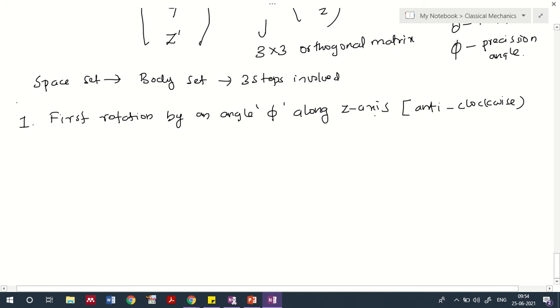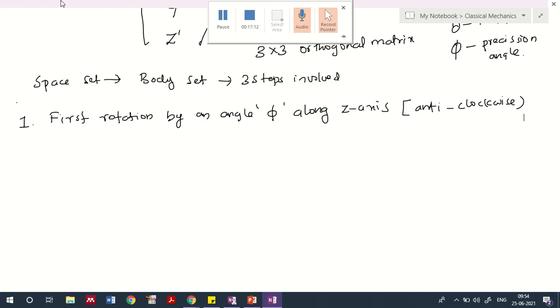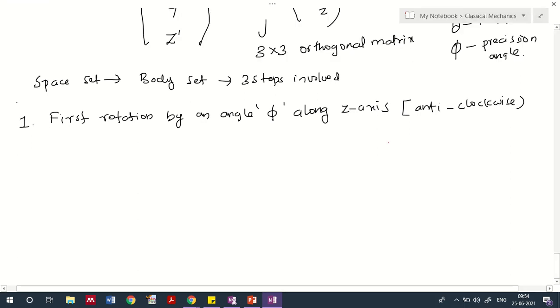If you do so, I'll just represent what the image will be. We have the x, y, z axes over here. This is our x, this is our y, and this is our z.